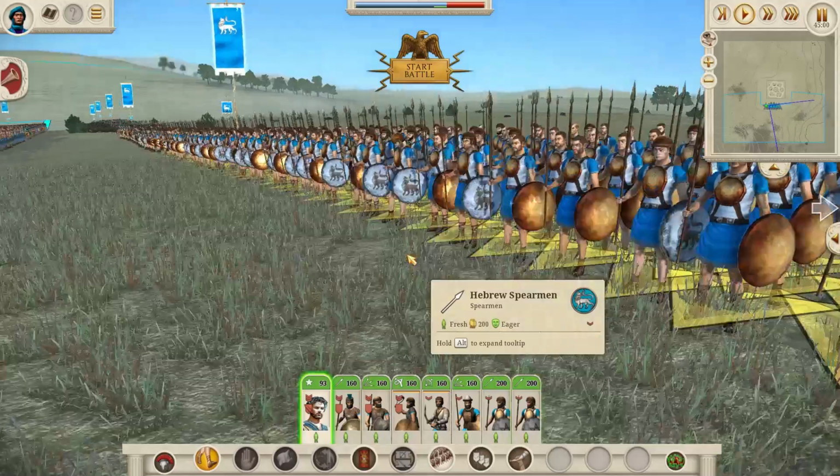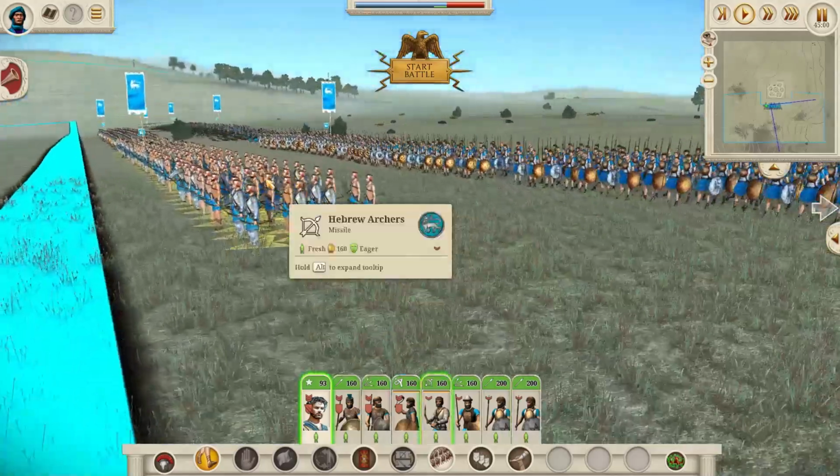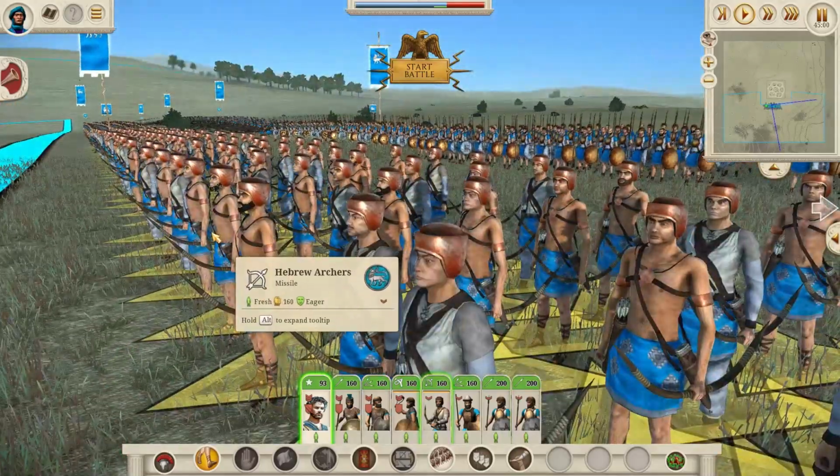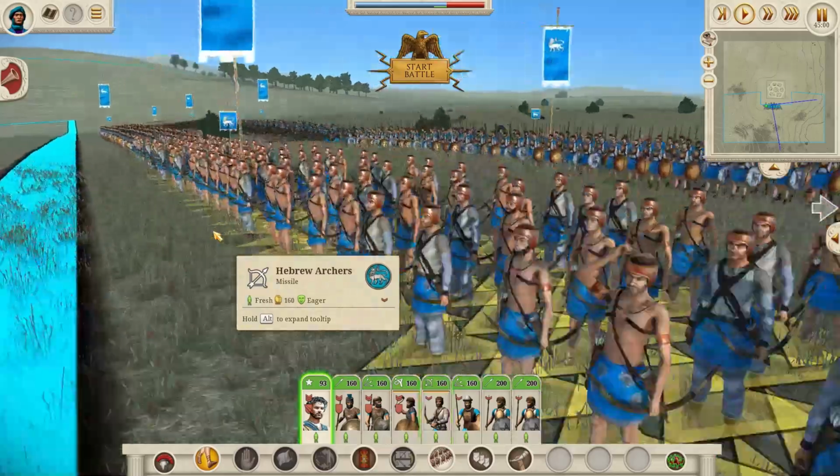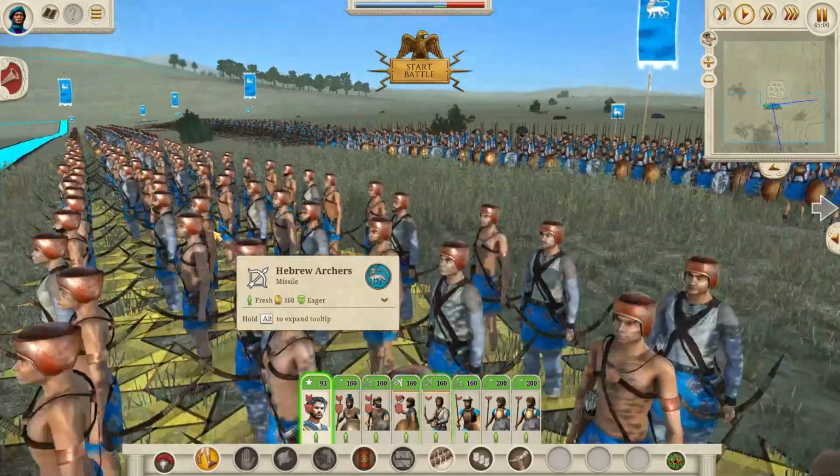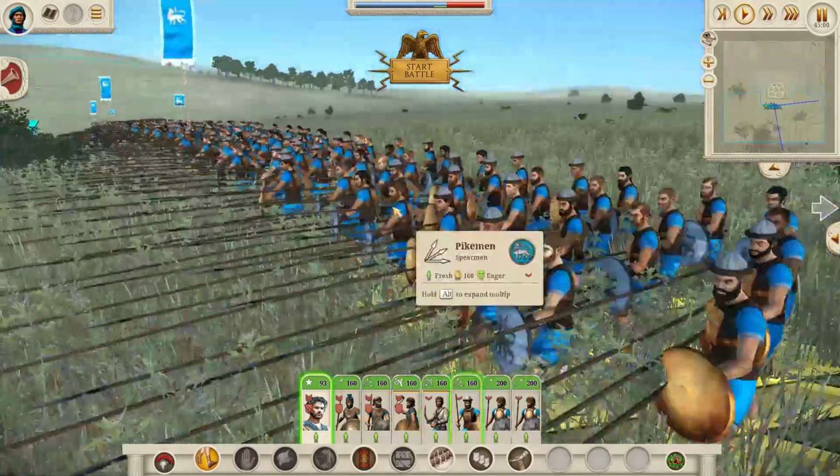And we've got a Hebrew Spearman here looking good. We've also got Hebrew Archers over here with interesting helmets.